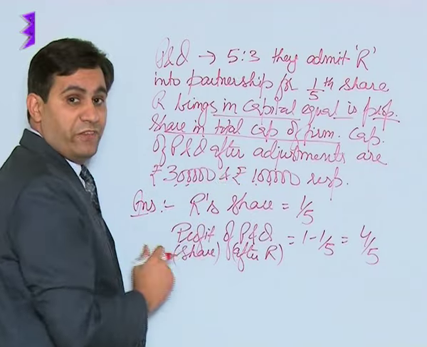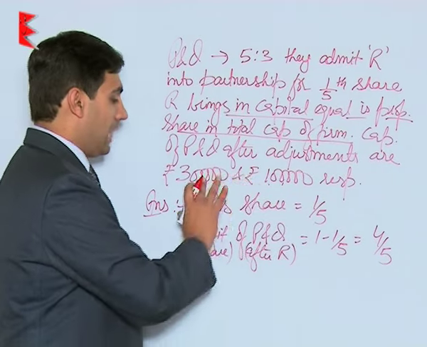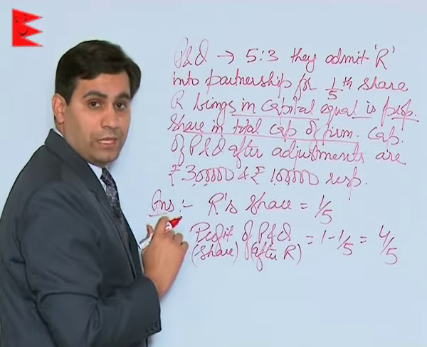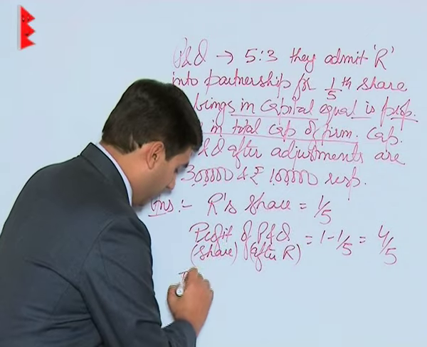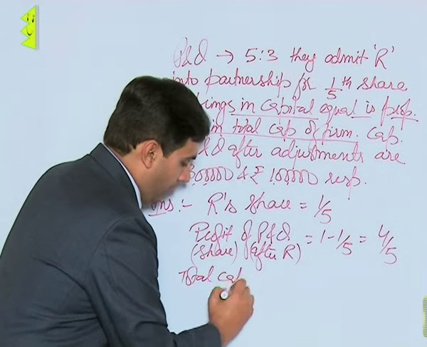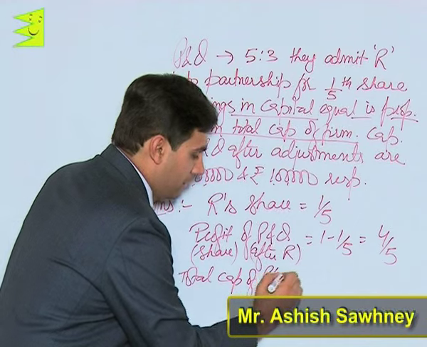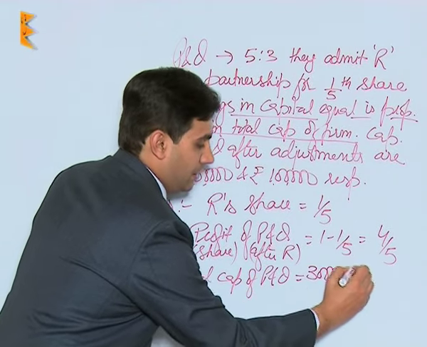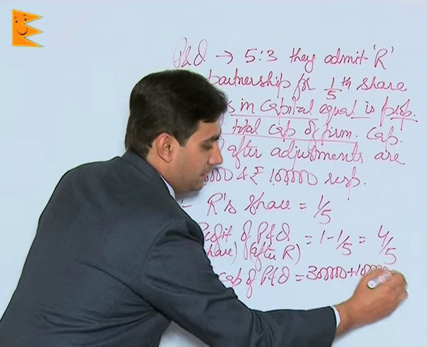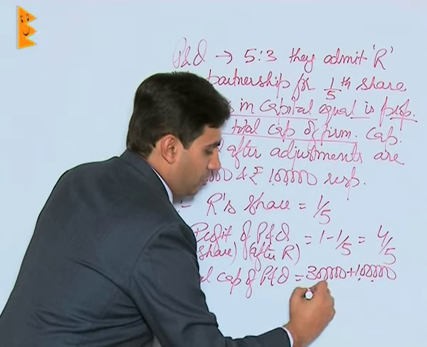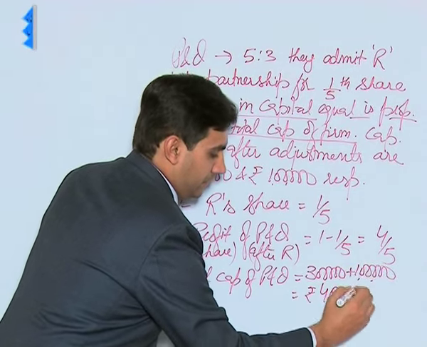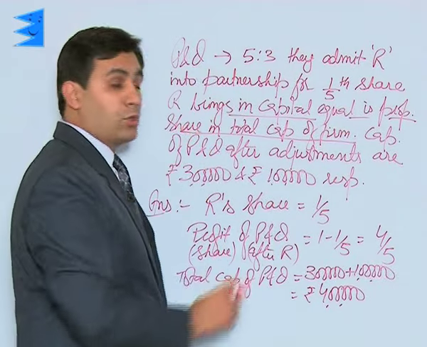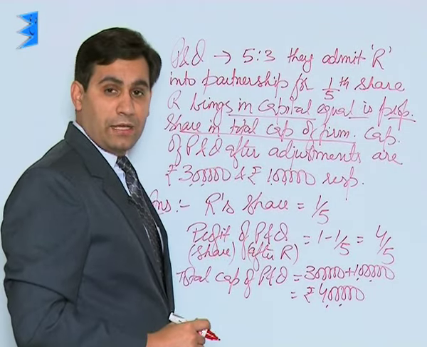Now for 4/5 share, they are contributing capitals of 3 lakh and 1 lakh. That means total capital of P and Q is equal to 3 lakh plus 1 lakh, which is equal to rupees 4 lakh. That means total capital of the old firm is 4 lakh.